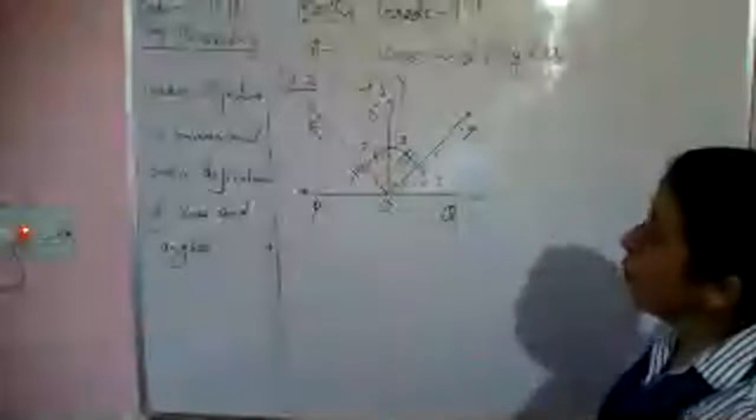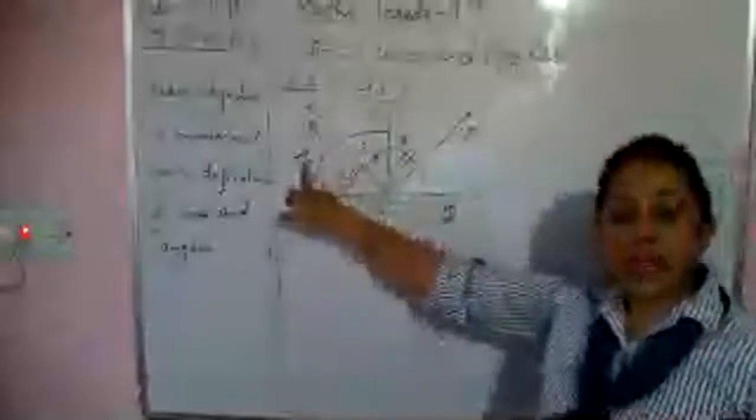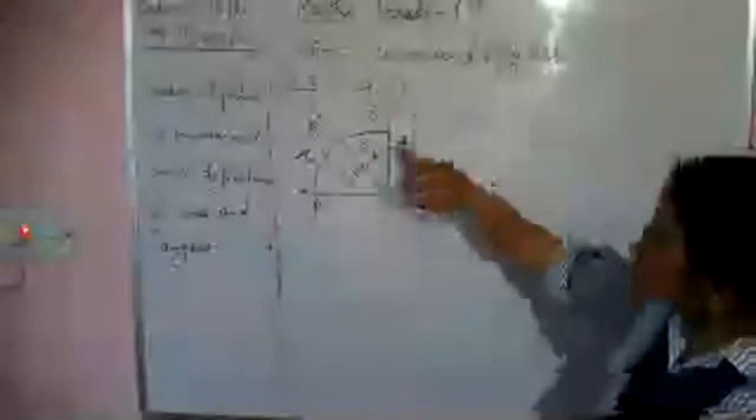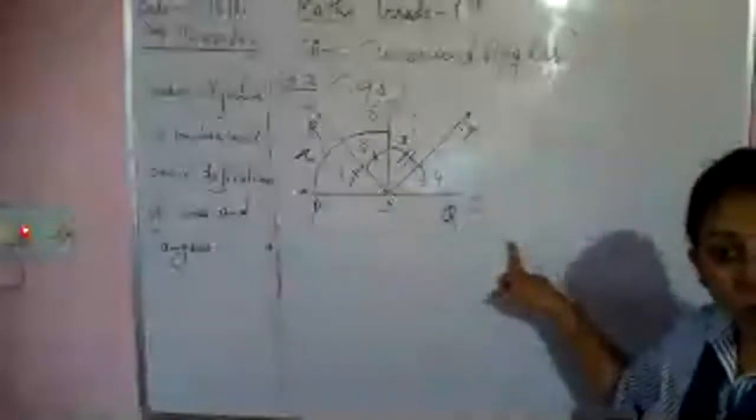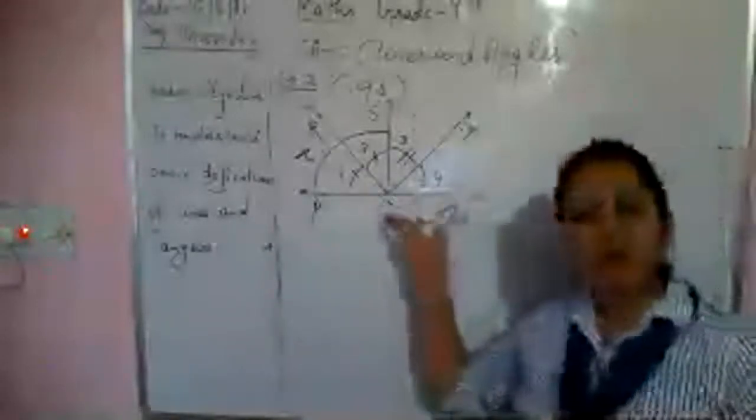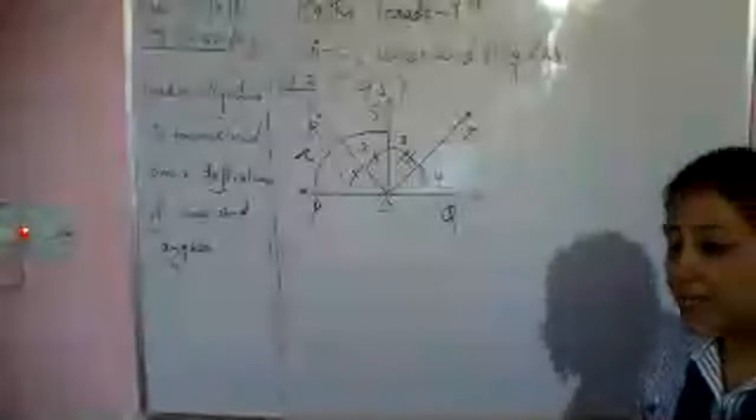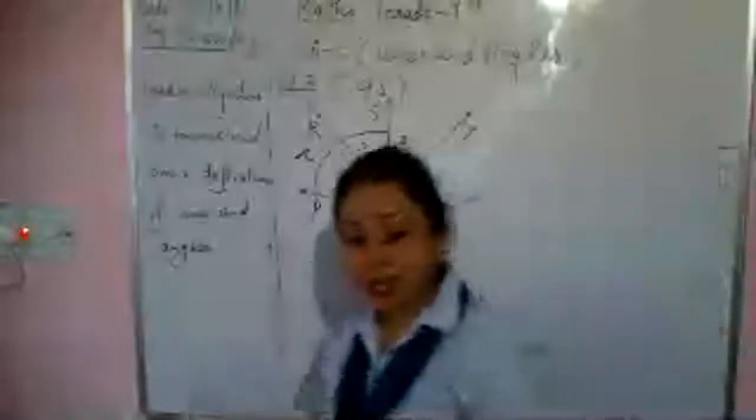If POS is given as X, then what is the value of POQ? It is 180 minus X, because POQ makes a straight line. So draw up till here and write the values that are given.